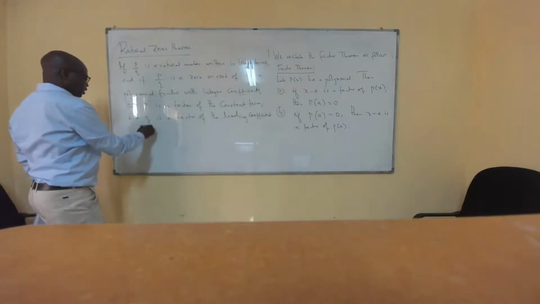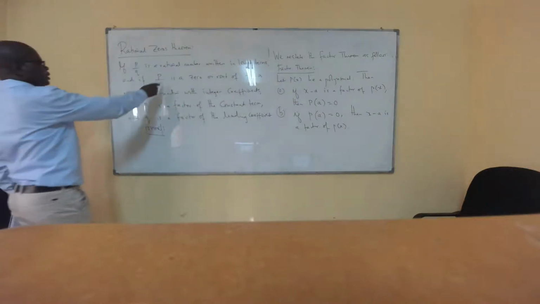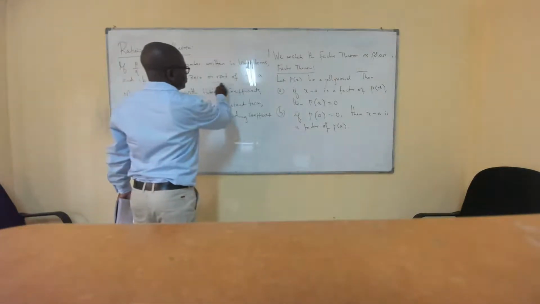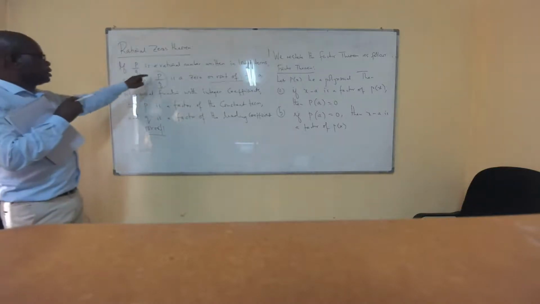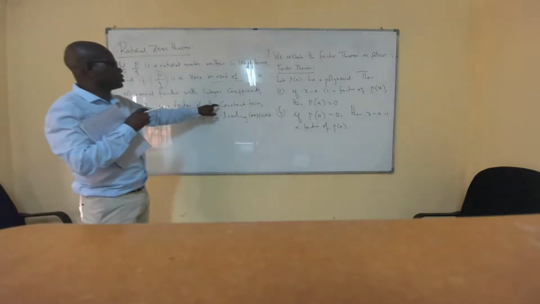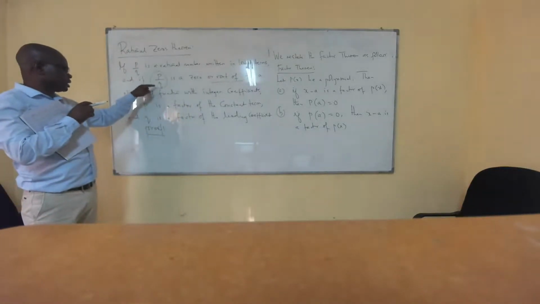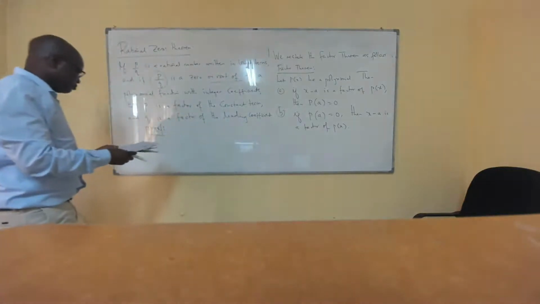So I can provide a proof here. We are saying if this rational number is a zero of this polynomial with integer coefficients, then p, which is the numerator, is a factor of the constant term in the polynomial function, and the denominator q is a factor of the leading coefficient. That is the claim.